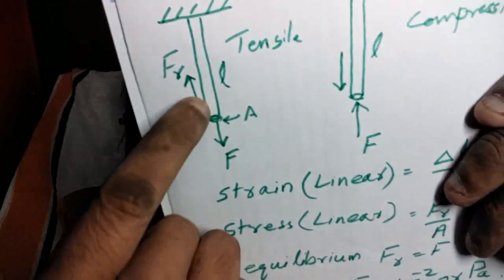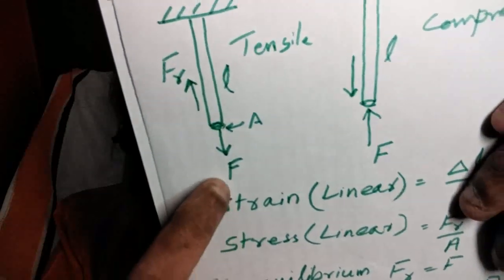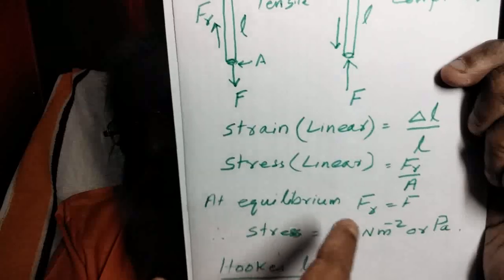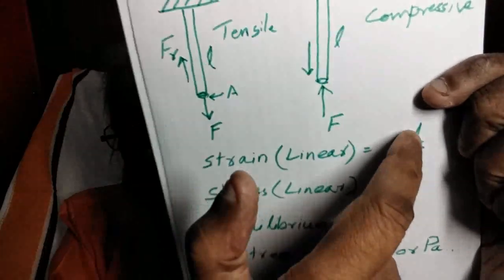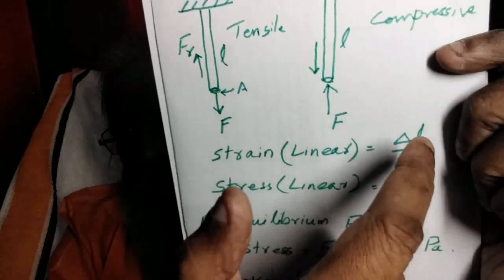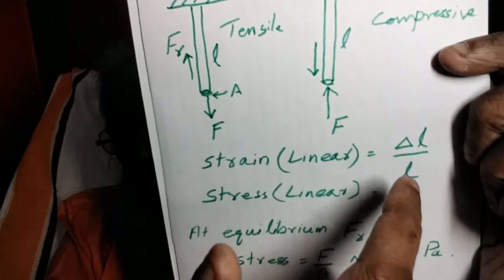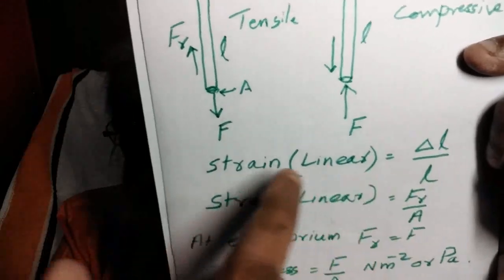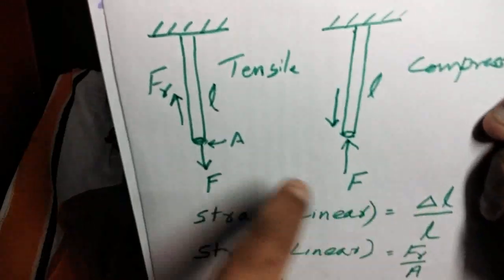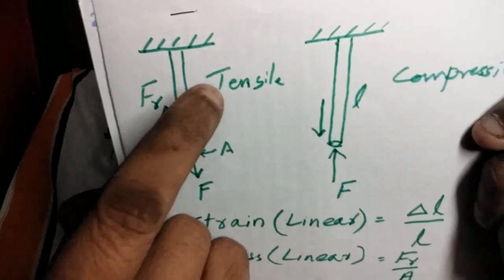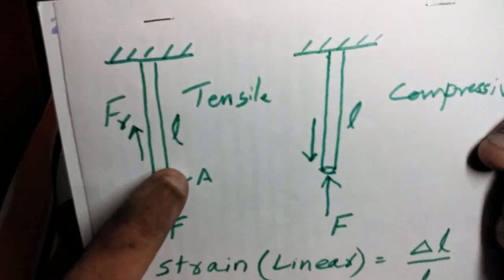Now there is a factor called strain. Strain means change divided by original something. In this case, length is increased. So let delta L be the increase in length. Then the ratio delta L by original length is called linear strain. Here it is specially known as tensile strain.